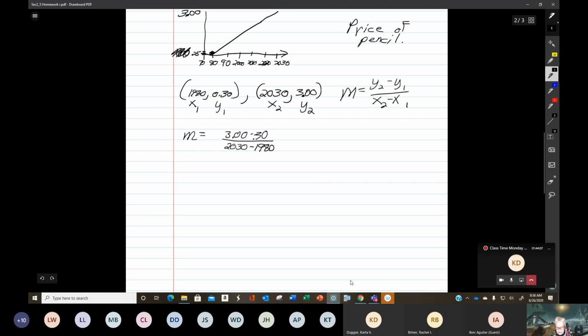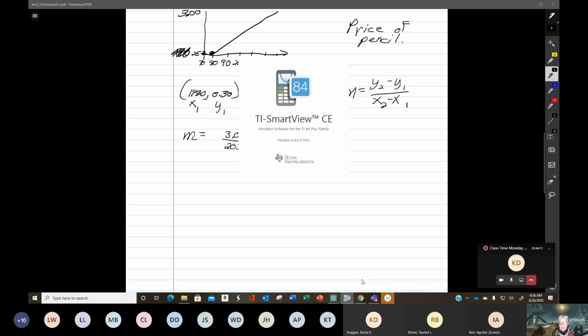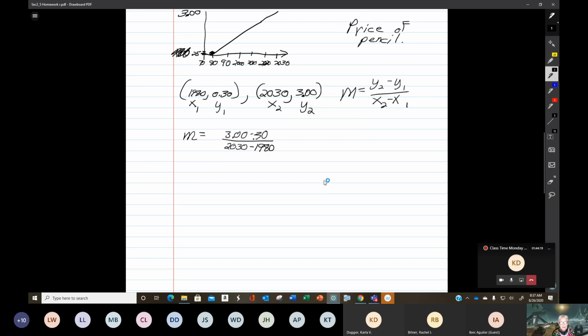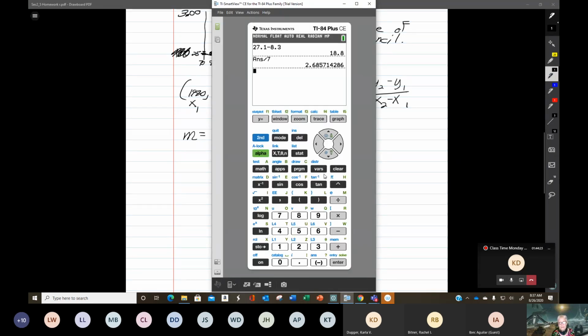Lord have mercy. Now I'm definitely getting my calculator. This is the TI Smart View, and eventually it's going to cost me money. I've got a 90-day free trial and I'm seeing how I like it. A TI 83 or 84 that's completely free is the Wabbit Emu.